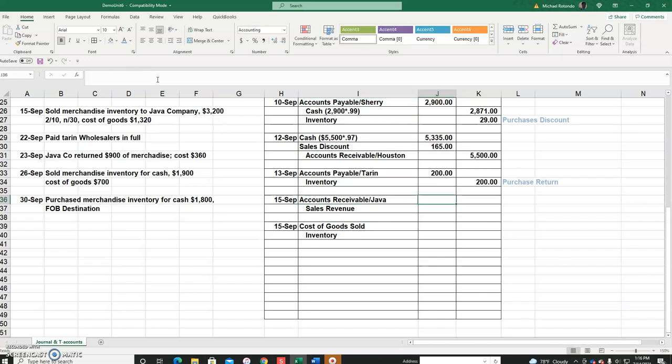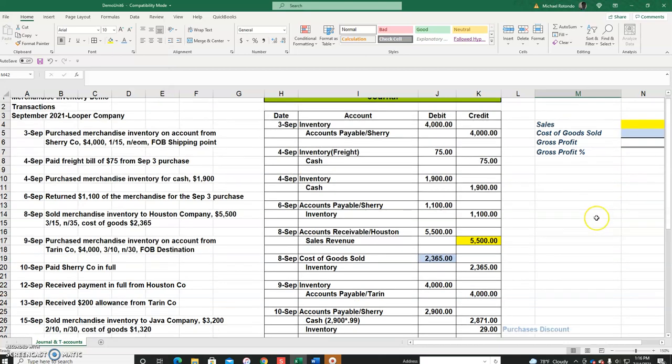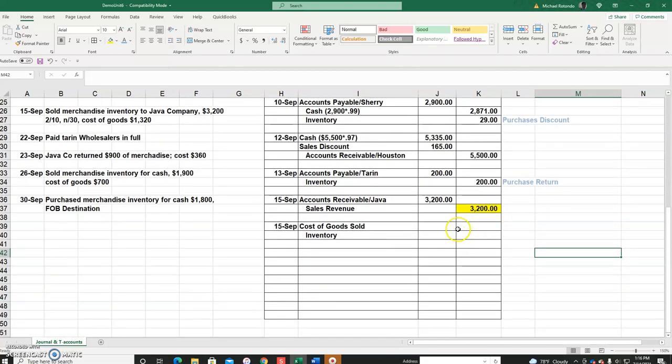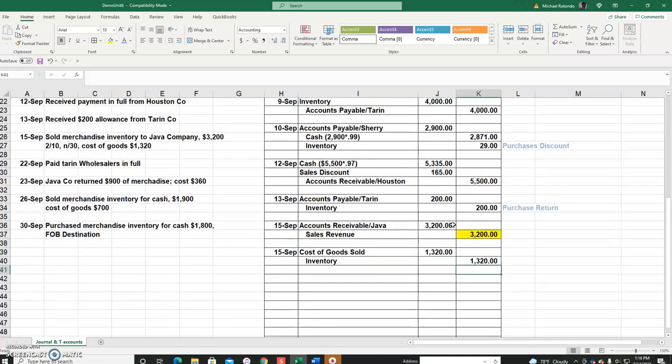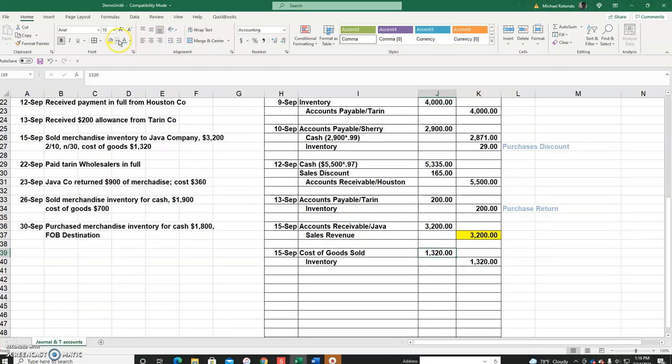And so our sale amount was 3,200. And again, we might want to highlight this. Okay, so when we do our calculation up here, it'll be a little bit easier to find everything. And our cost of goods is 1320.